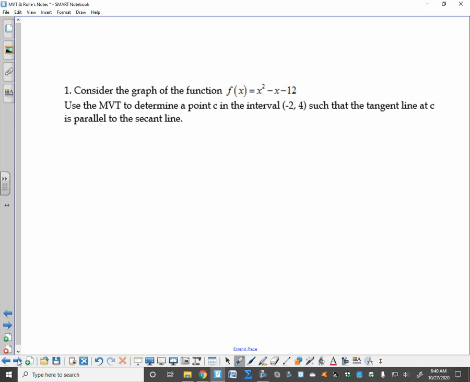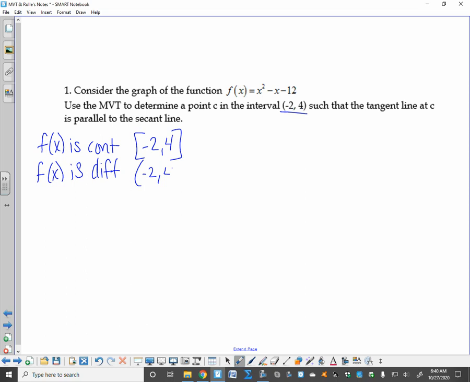Okay, so I'm going to say f of x is continuous on the closed interval 2 to 4. f of x is differentiable on the open interval 2 to 4. So that is the gatekeeper for the MVT. So we've passed the bouncer.